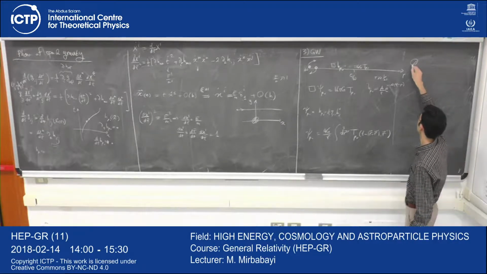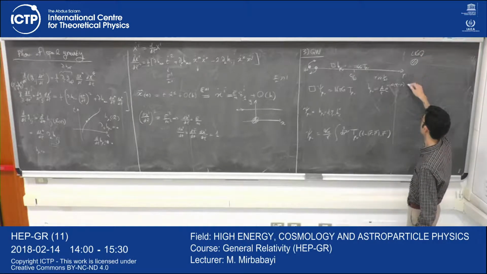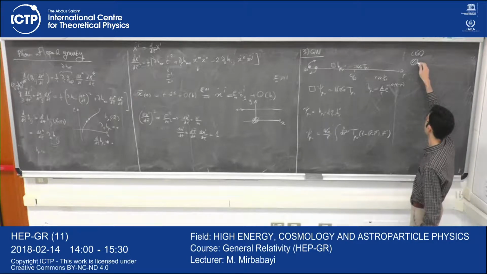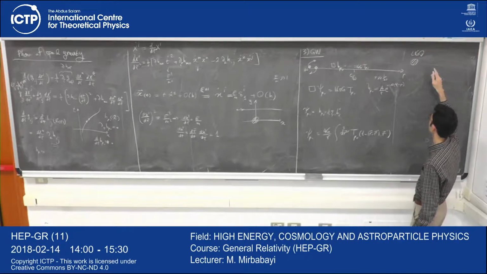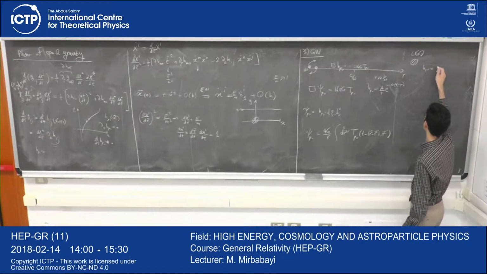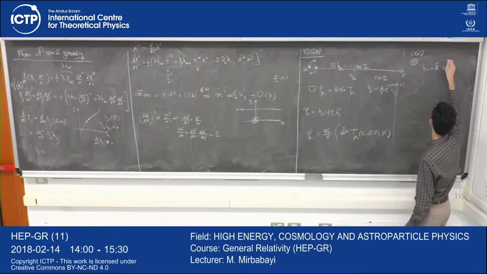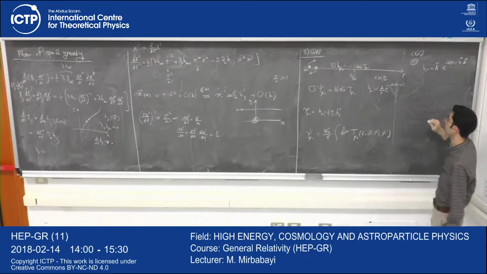So if we are on Earth and there is LIGO, the waves from this system, which is much farther away from the emission point, look like a plane wave. There is some other constant, let's say A-bar, times e to the minus i omega t plus i k dot x. This is a plane wave.